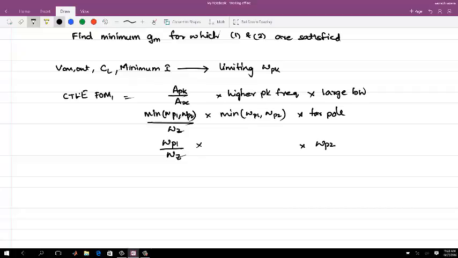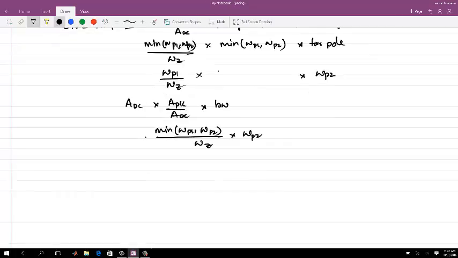Is anything wrong with this equation? Can you see anything missing here? So let me write this as A peak by A DC. Let me say A DC into A peak by A DC into bandwidth, where you have the minimum of omega P1 by omega Z, into omega P2.